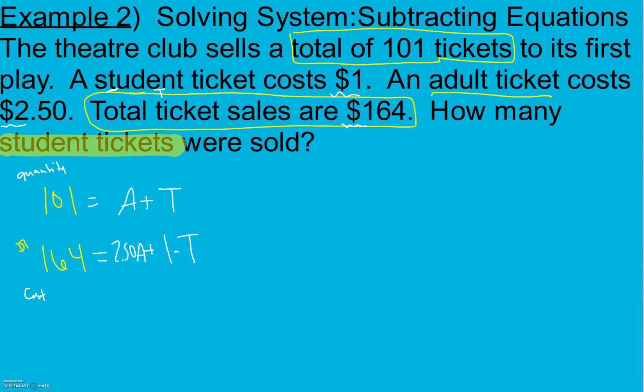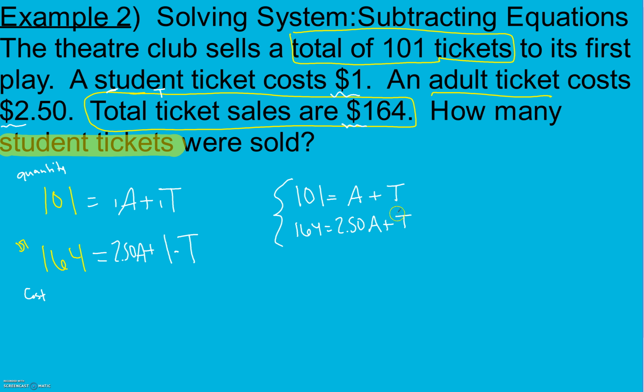Now, I'm going to rewrite it just real quick. 101 equals A plus T, and 164 equals 2.50 A plus 1 times T. We can just write that as T if we want, or we could put ones in front of each of those. If I look here, I can't just add these up right away.